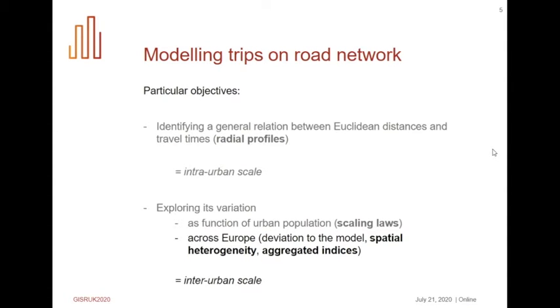Because cities are expected to share the same simple average dynamics underlying their road network characteristics over a wide range of spatial scales. So the presentation of today will focus on the second point only, not on the profiles, but I'm still mentioning that because it's an integral part of the research logic.